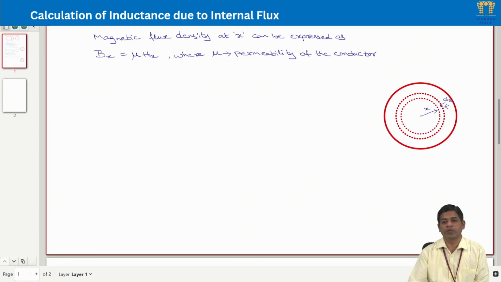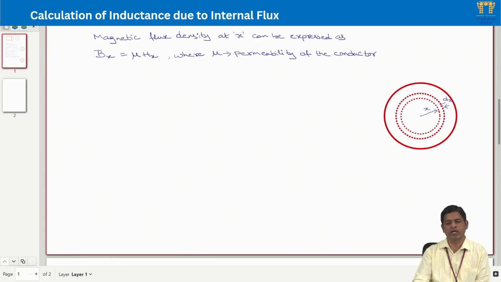Right. So why we consider this tubular element is we are considering basically a small length at which the magnetic flux density is same, that is the magnetic flux density at this point x is same as that of x plus dx, and the current enclosed is also almost same between this point. So that is the reason why we are considering this small tubular element whose width is dx.